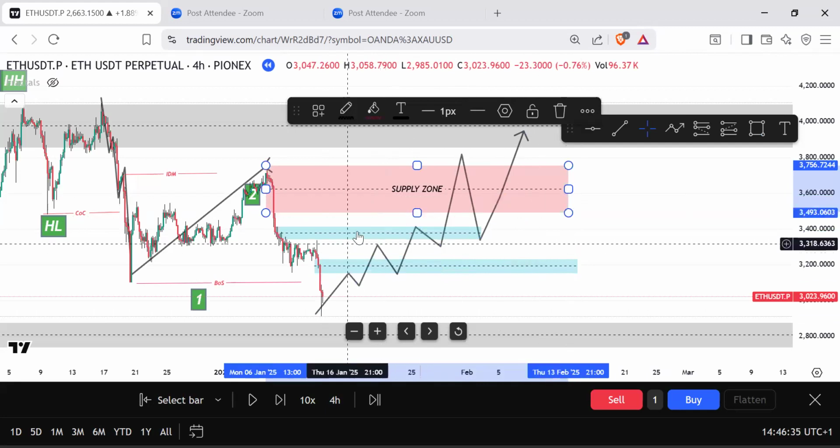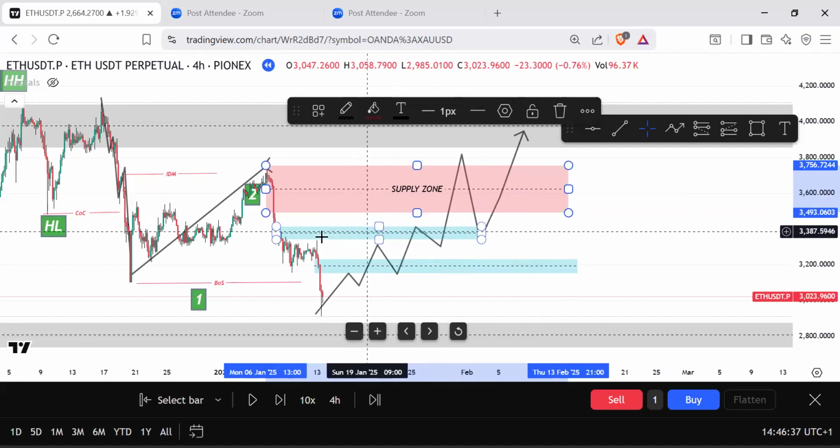The one in the middle is a trap. That's a trap, actually.